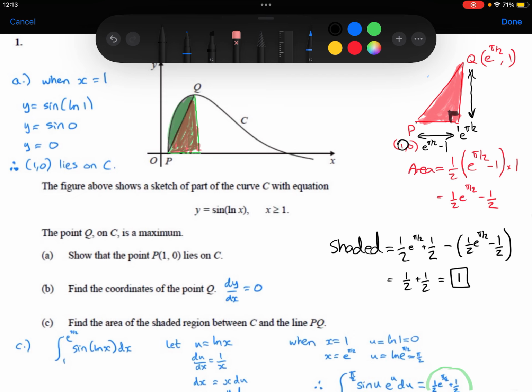The height of the triangle is just 1. So half base times height, half of the base times by the height. So half of e to the pi over 2 is half e to the pi over 2. Half of the minus 1 is minus a half.